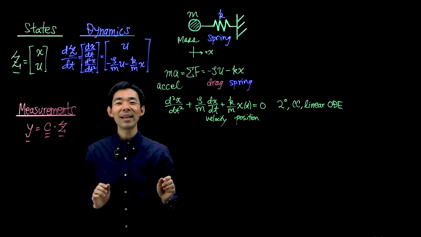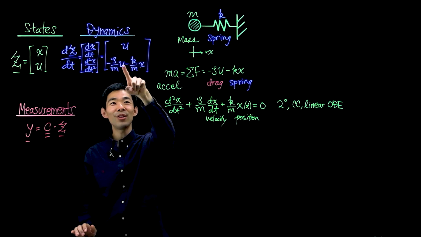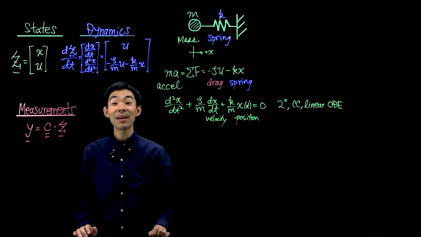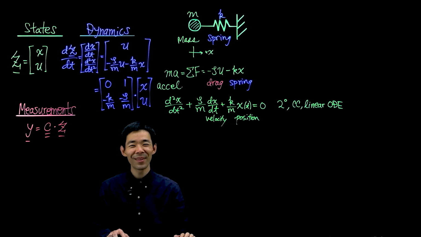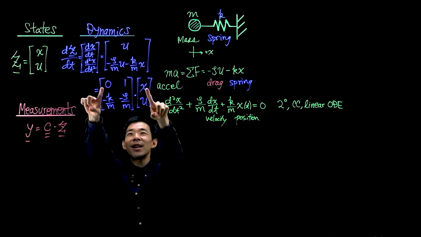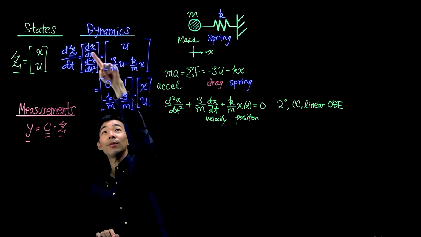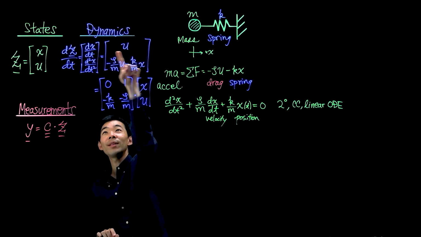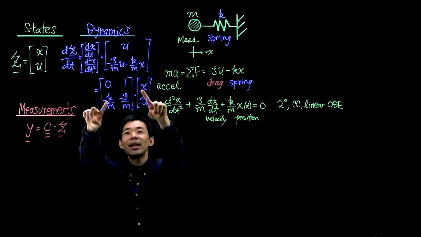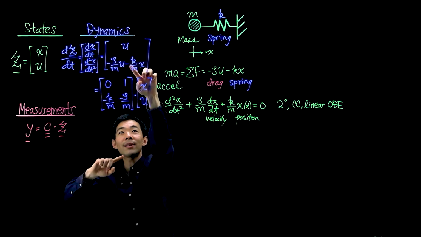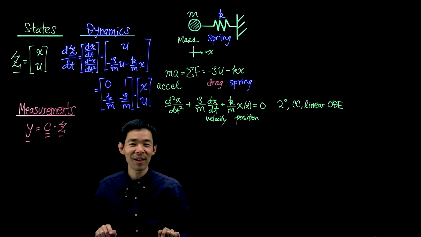So here are your dynamics. Now we can factor out the u and the x and rewrite this in matrix-vector linear algebra form. Just like that. The first row, 0 times x plus 1 times u, gives you the velocity. The second row is negative k over m times position, that's that term, and negative zeta over m times u gives you the other term in the second row.